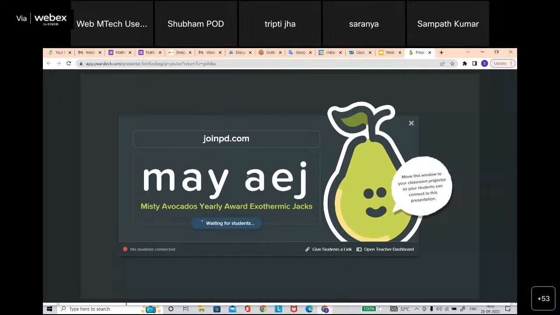So go to a new Chrome browser and type joinpd.com. It will directly ask for the password, and just type this one without giving any space. Then you can directly join our slide.